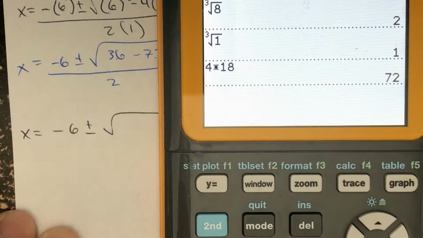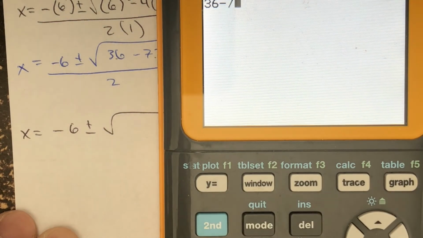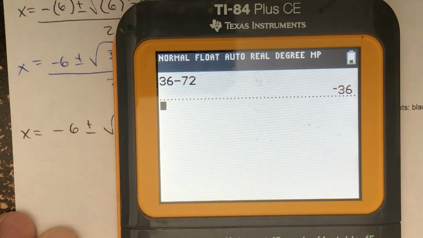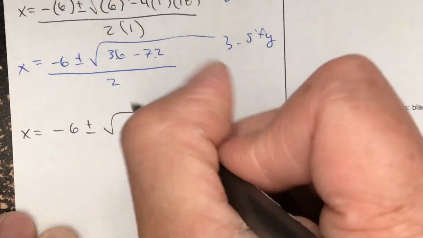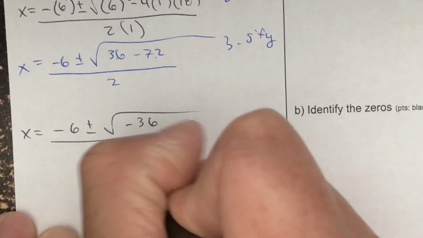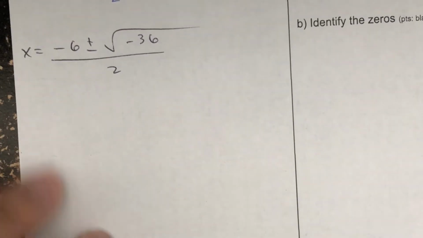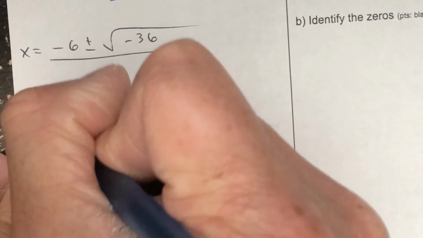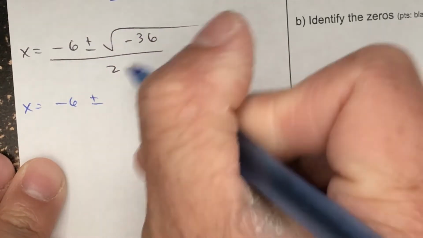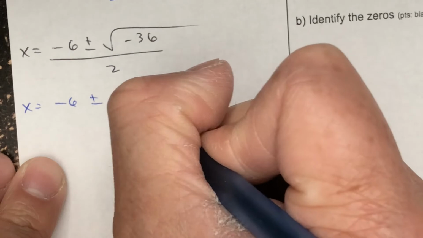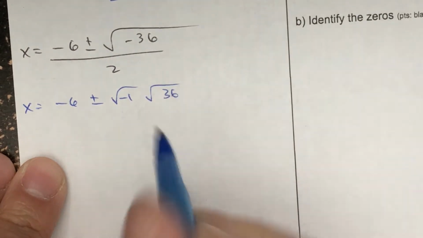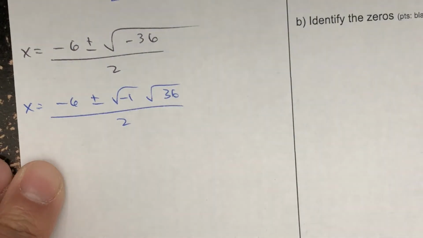Put that in your calculator. Negative 36, all over 2. And then I'm going to write down the factors of negative 36, which is going to be negative 1 and 36, all over 2.